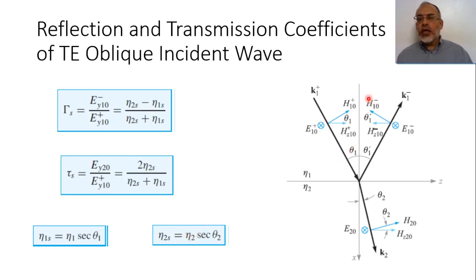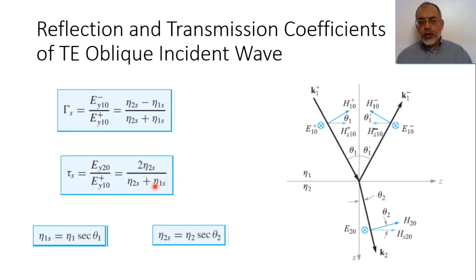So for the case of normal incidence, we will find that the reflection coefficient gamma would be eta 2 minus eta 1 over eta 2 plus eta 1. And the transmission coefficient is 2 eta 2 over eta 2 plus eta 1, which are the normal relations for the normal incident plane wave.